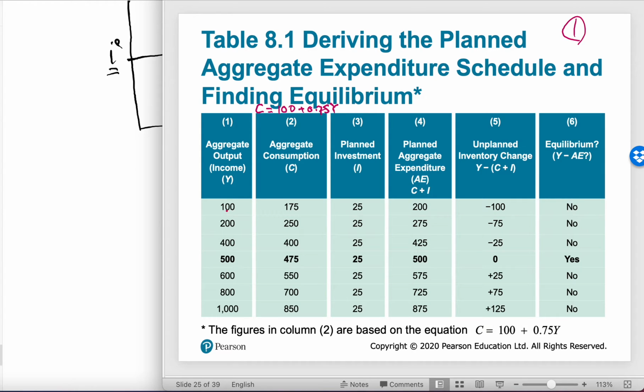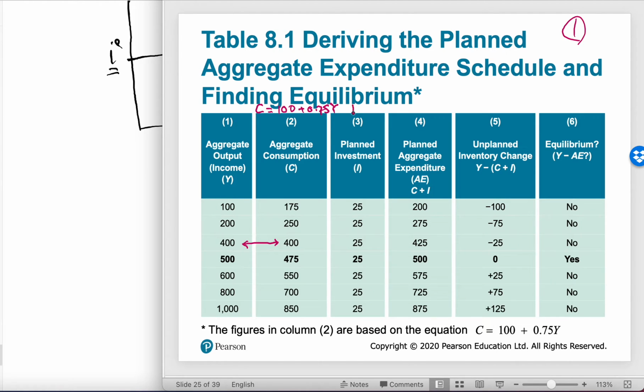So if you have 100, this becomes 175. If you have 200, it becomes 250. If you put in 400, consumption and aggregate income are going to be equal. But we also have a fixed amount of investment.